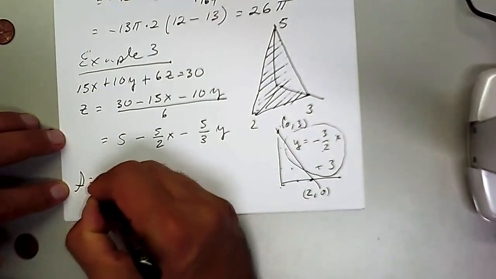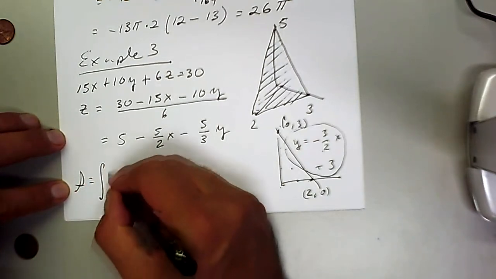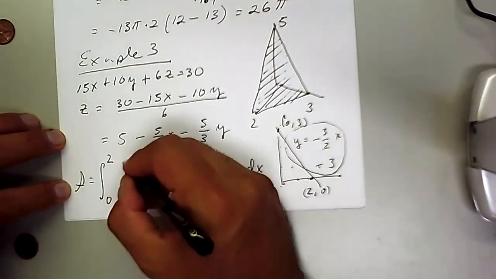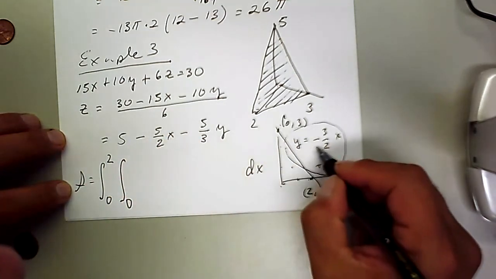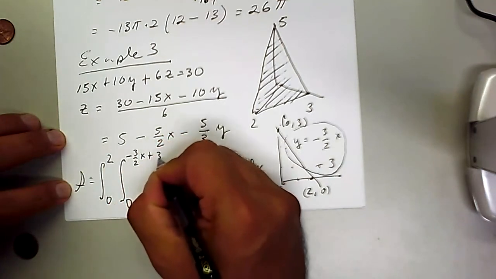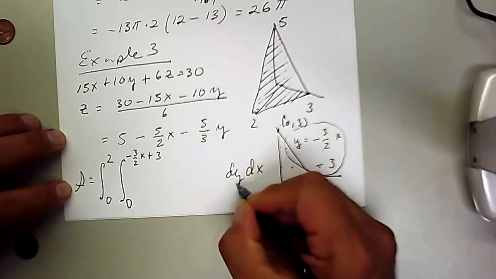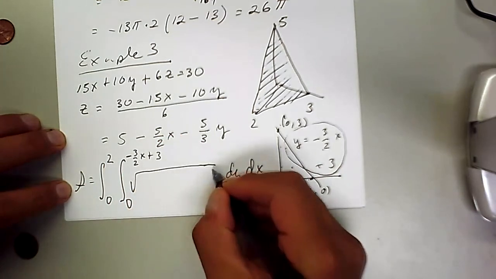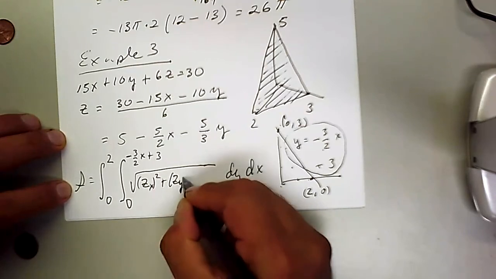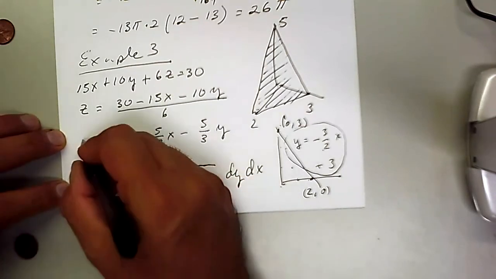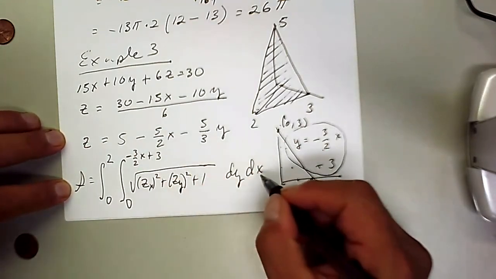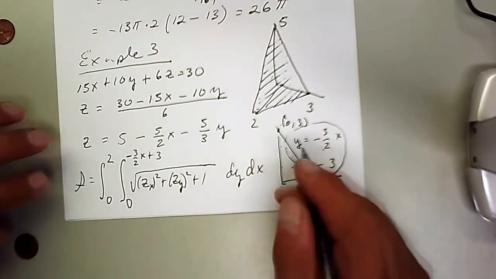So the surface equals, 0 to 2 on the x-axis, 0 to negative 3 over 2 x plus 3 on the y's. But then we've got the square root of z sub x squared plus z sub y squared plus 1. And z is this guy. So then there's more work to do. It's not going to be too difficult.